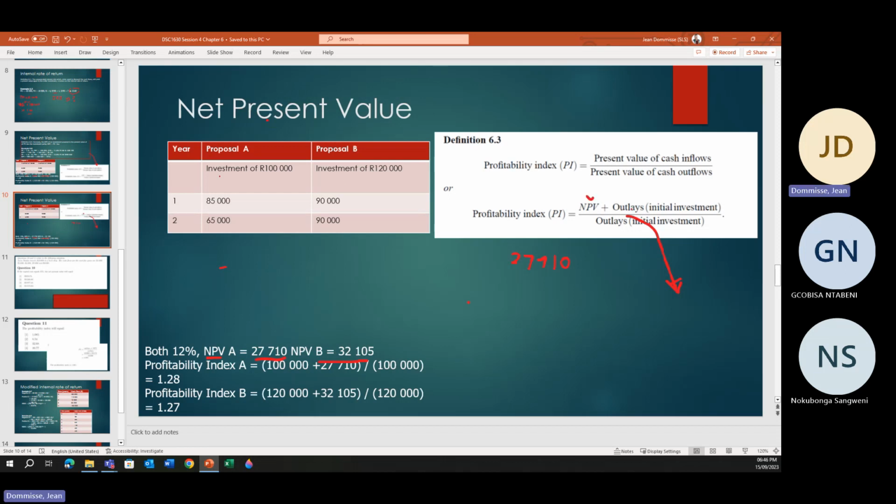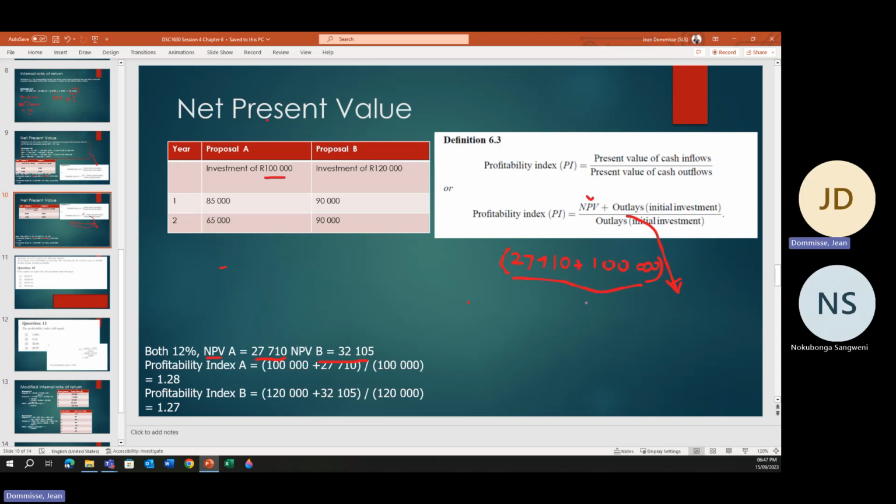We know the outlay was 100,000, and we will divide by the initial outlay, which is your 100,000. So we could now work out the profitability index for A, and then we will work out the profitability index for B.